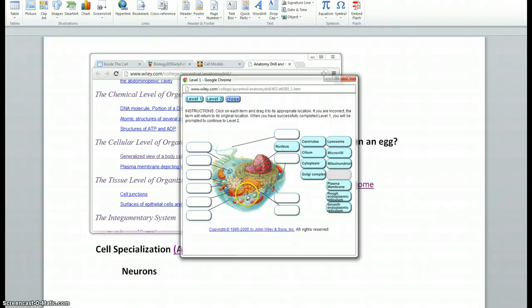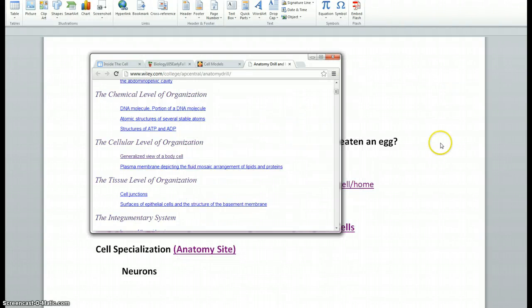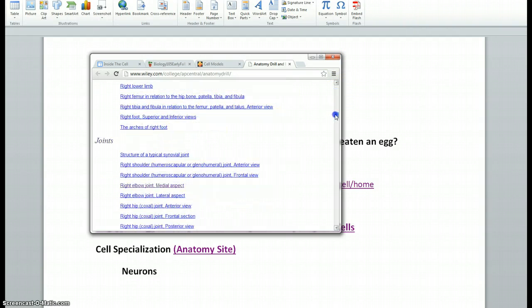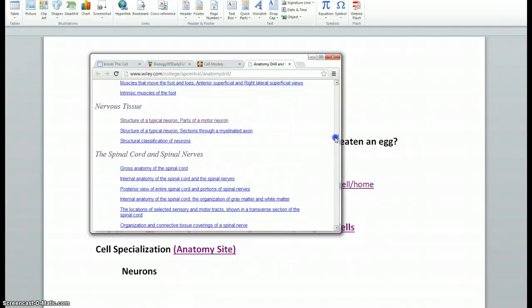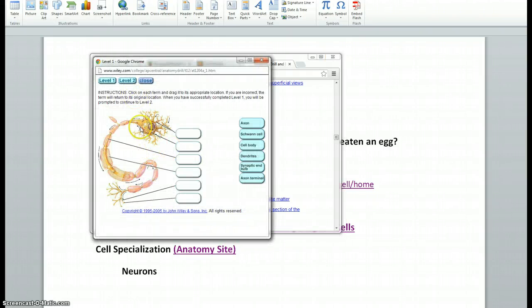Now in the next video, I'm going to make two here because I need more time. I'm going to talk to you about the nervous system. Just briefly, I want to show you that there's a lot of differentiation, and so I'm only going to spend time on one, but I'm going to come back to looking at a neuron because they're so unique. An individual neuron can actually be as long as 3 feet.